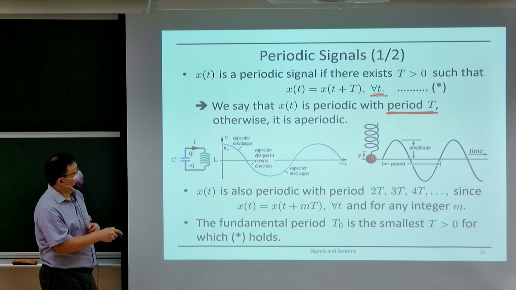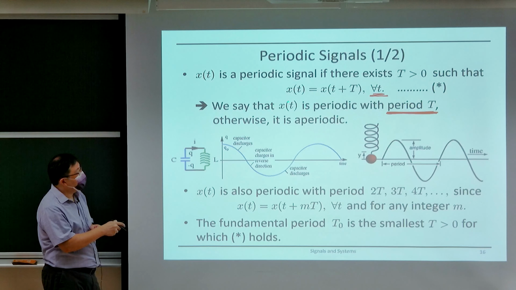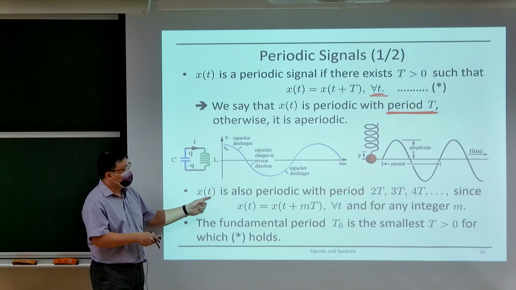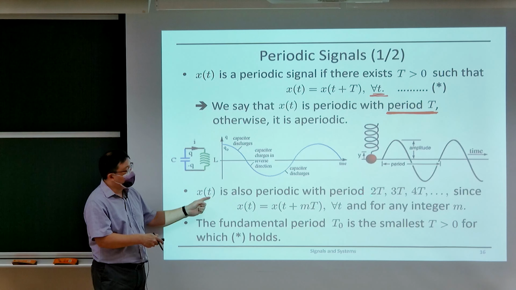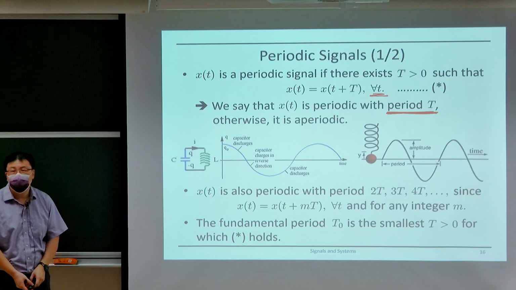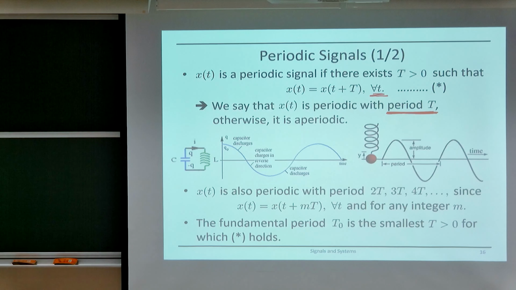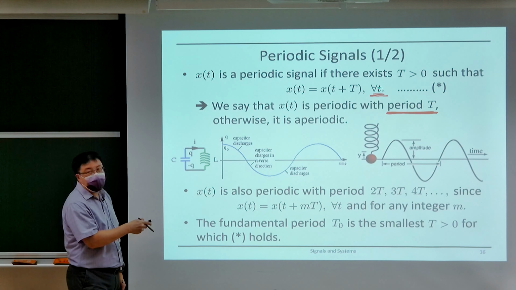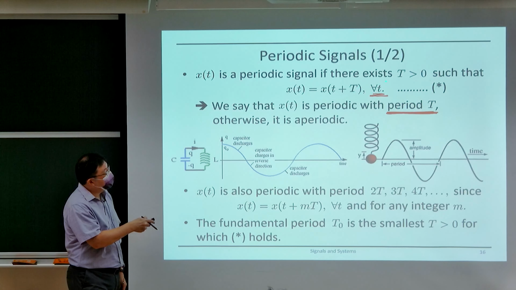If you say that a signal is periodic with period capital T, then it must also be periodic with period 2T, 3T, 4T, or any integer multiple of capital T. And this is because, for a signal to be periodic with period capital T, x of t must be equal to x of t plus capital T for all t.